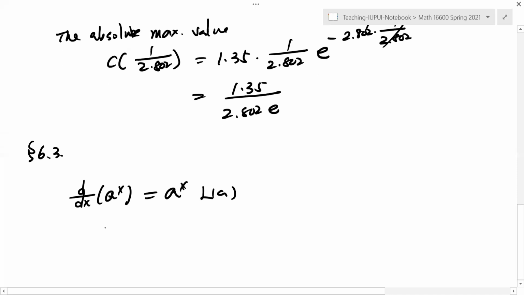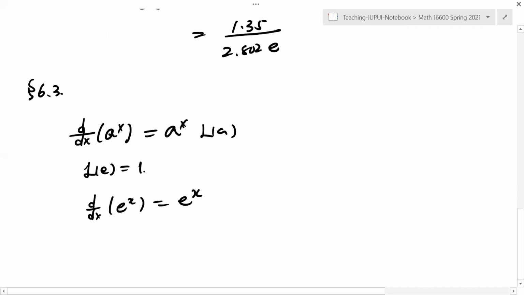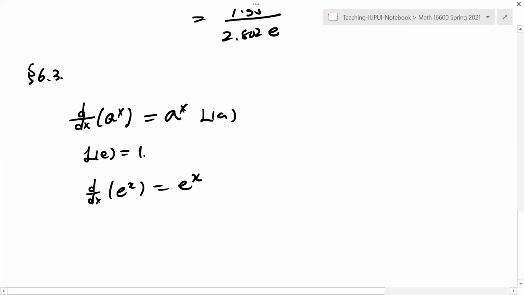Then we introduce the number e, where L of e should be equal to 1. Then we get that the derivative of e to the x equals e to the x. Then we notice that L of e to the a is going to be a.